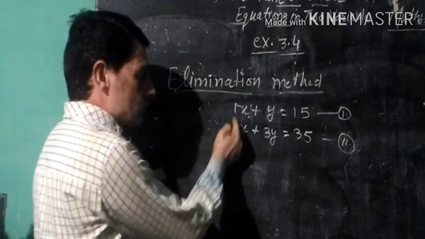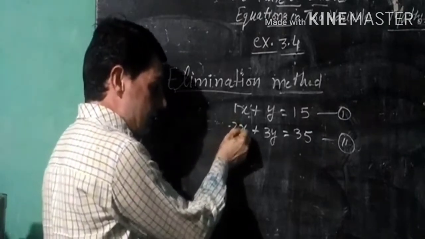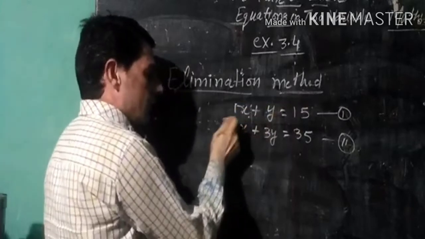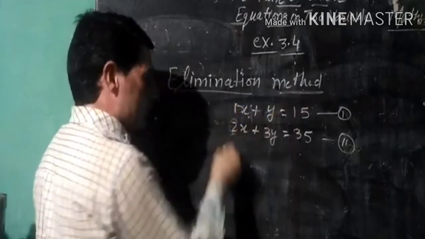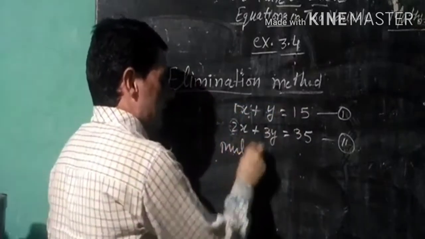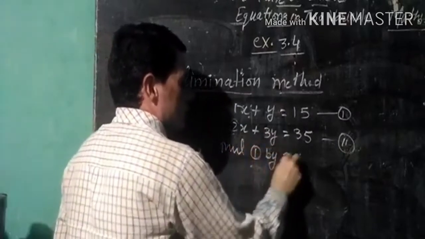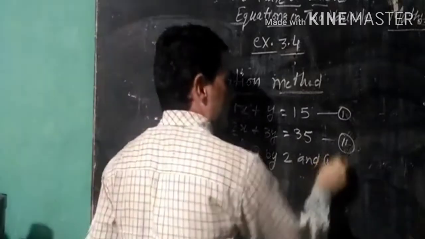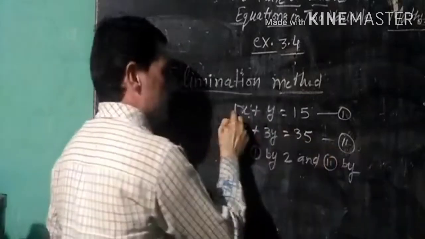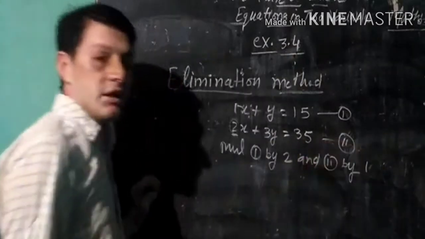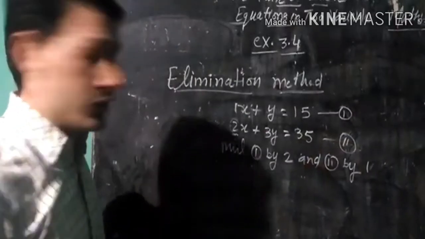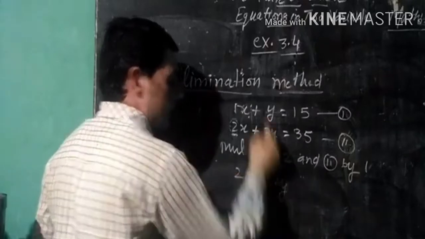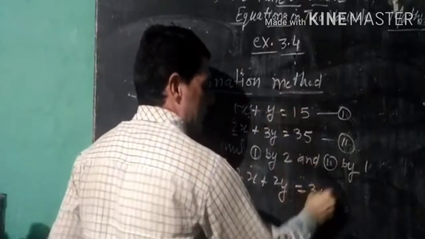यानी पहले वाले इक्वेशन को तो मैं 2 से मल्टीप्लाई करूं, इस वाले नंबर से, इस वाले नंबर को इस कंप्लीट इक्वेशन से मल्टीप्लाई कर दूं और इस 1 से इस नीचे वाले को मल्टीप्लाई कर दूं. तो यहाँ पे लिखूंगा मैं multiplying first by 2, ये नंबर है और second by 1 ये है. यानी so that या तो x के इक्वल हो जाए या y के इक्वल हो जाए. तो 2 से मल्टीप्लाई करूँ तो 2x plus 2y is equal to 30.